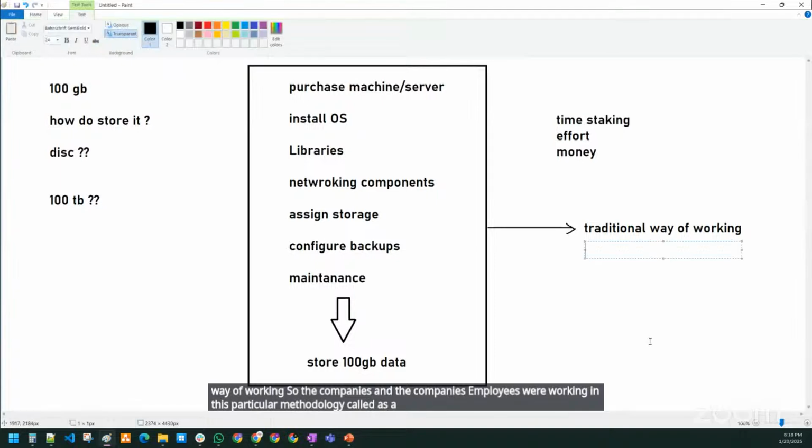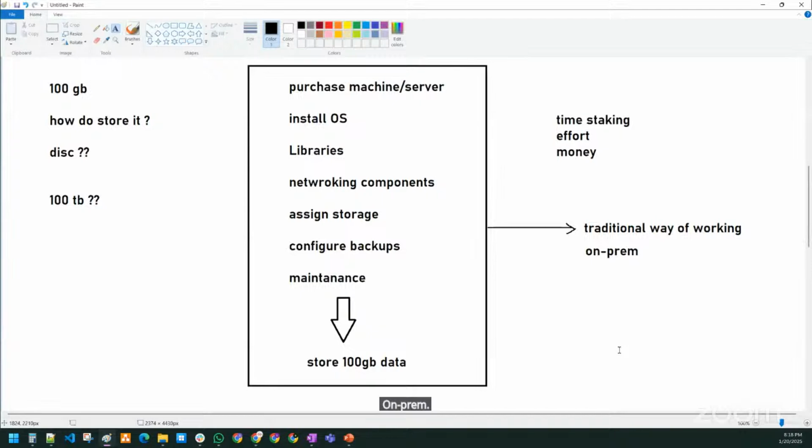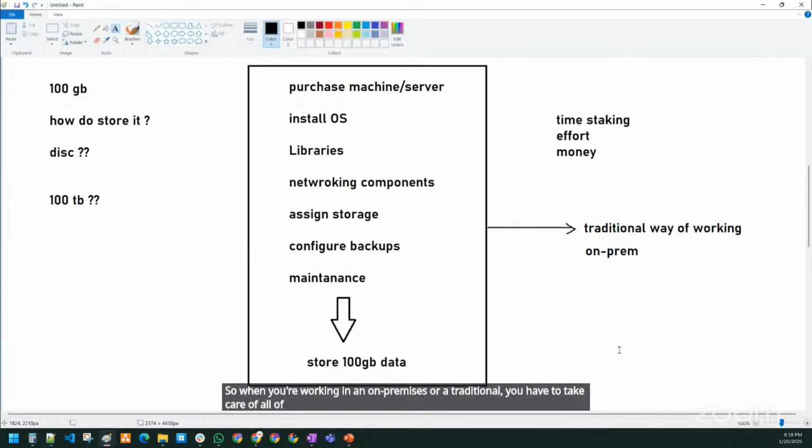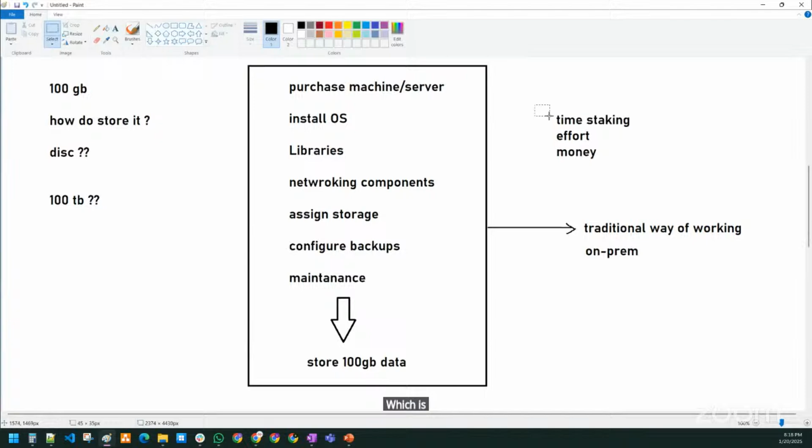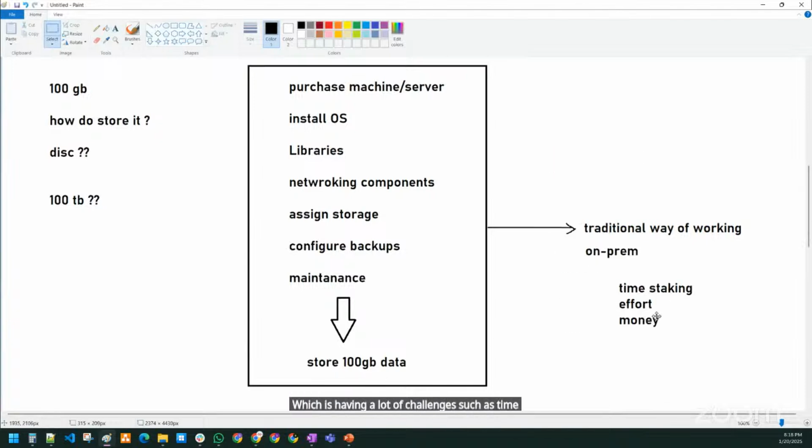People also call it on-premises, on-prem. So when you're working in an on-premises or a traditional way, you have to take care of all of the things on your own, which has a lot of challenges such as time taking, effort taking, and money taking also.